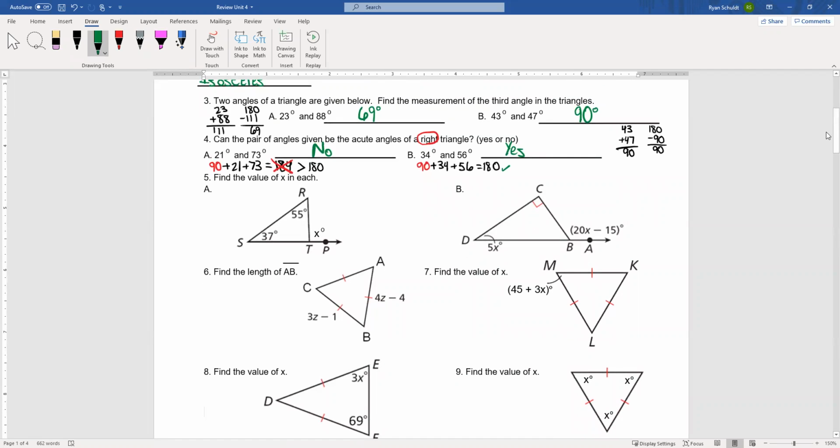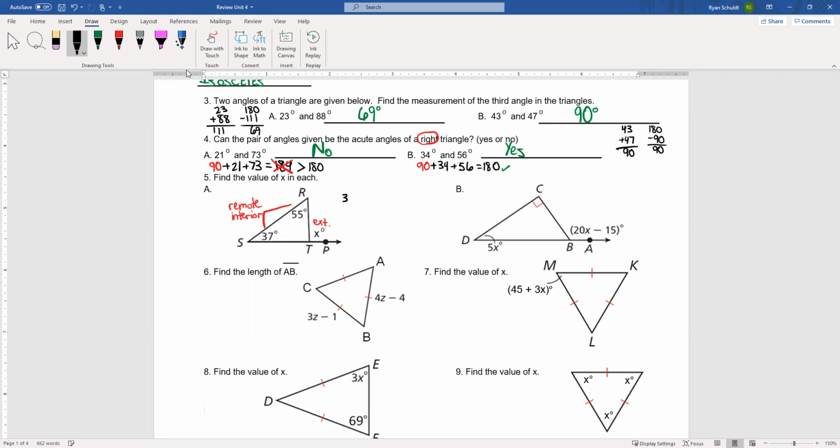Okay, number 5. On 5, you're dealing with remote interior angles. This angle that's outside is our exterior. That means these two are remote interior angles. And we've learned for remote interior angles, you can add them together and set them equal to that exterior angle.